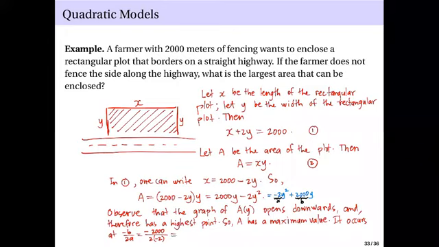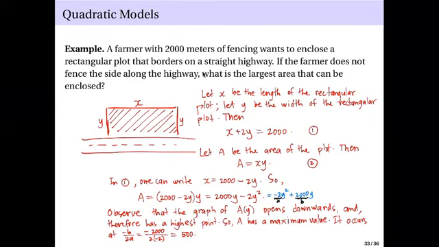And notice, you will have here negative 2000 over negative 4, and this is equal to 500. Correct? Yes. Thank you. So the maximum value of A occurs when your y equals 500.